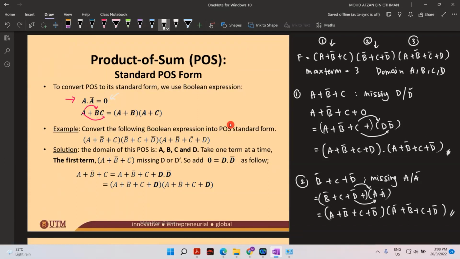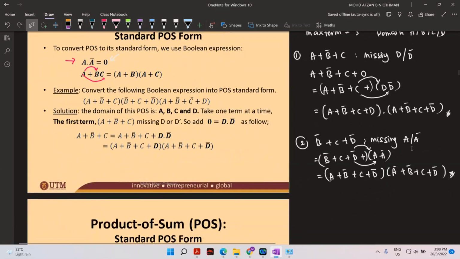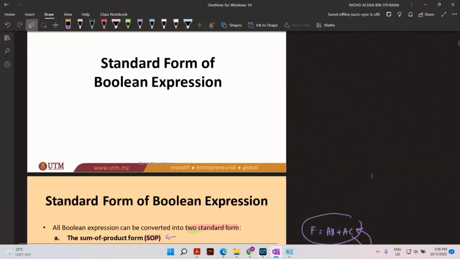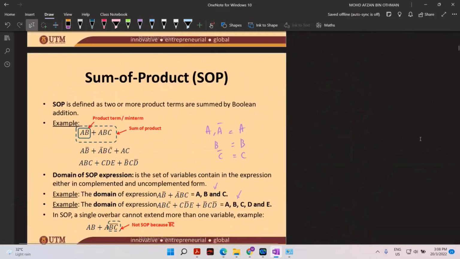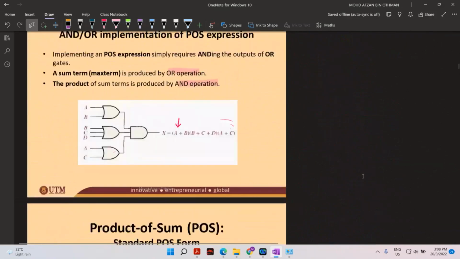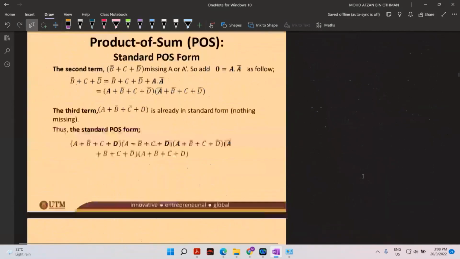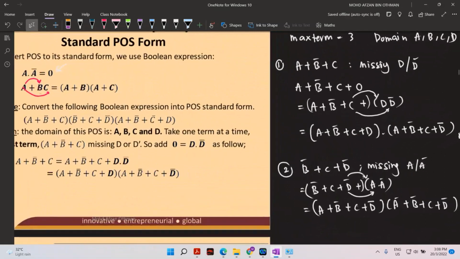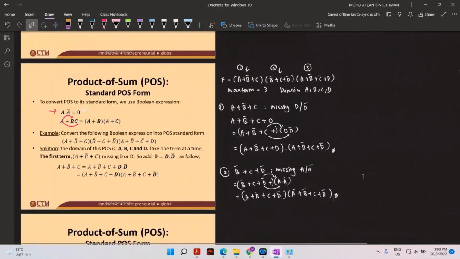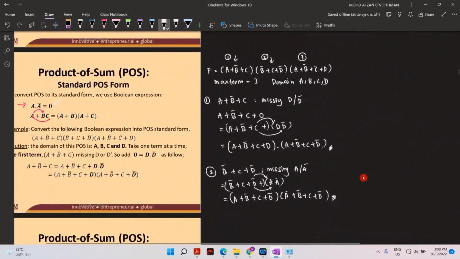Okay, so yang ni pun dah cukup. Max term nombor 3: A tambah B tambah C tambah D. Kalau kita tengok ni, keempat-empatnya dah ada. So dah cukup, tak perlu buat apa-apalah.